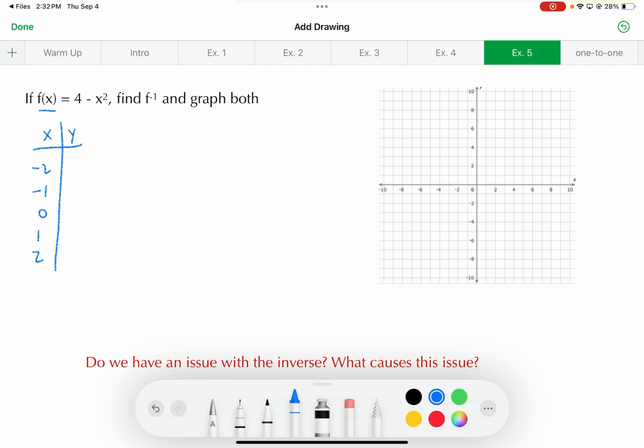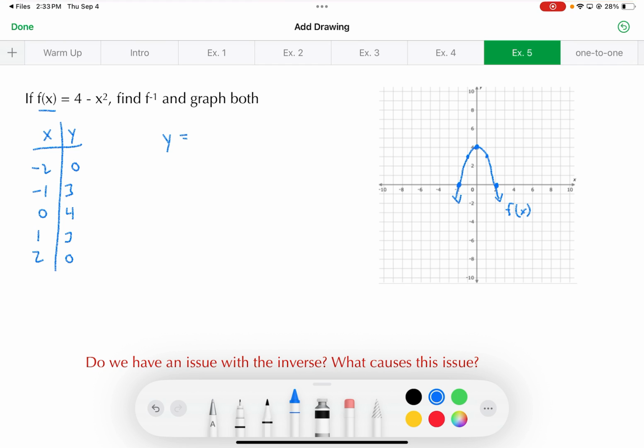I'm going to choose those 5 values to plug in for x. -2, evaluating that for f is going to give me a 0. f of -1 is going to give me 3. f of 0 is going to give me 4. f of 1 is going to give me 3. f of 2 is going to give me 0 as well. Okay, so that's f of x there.